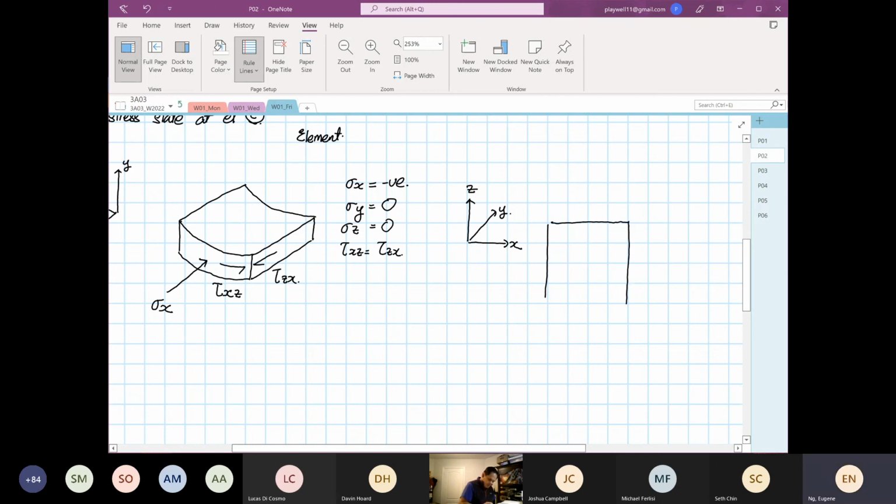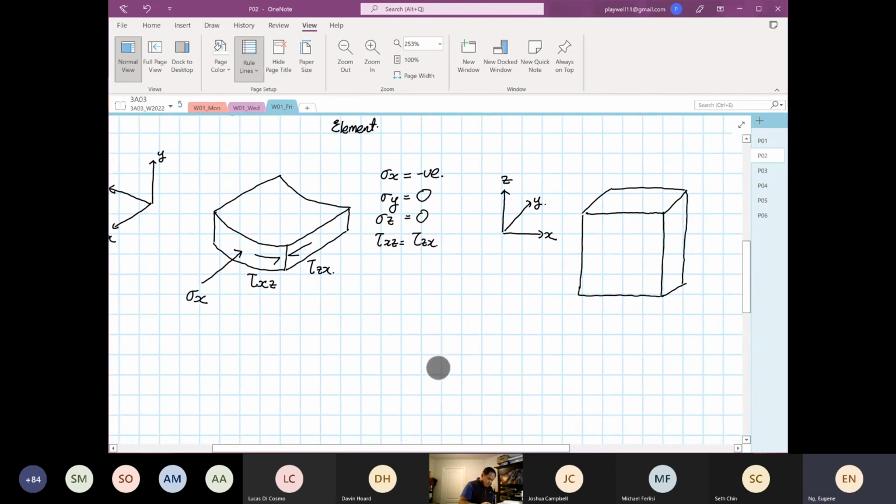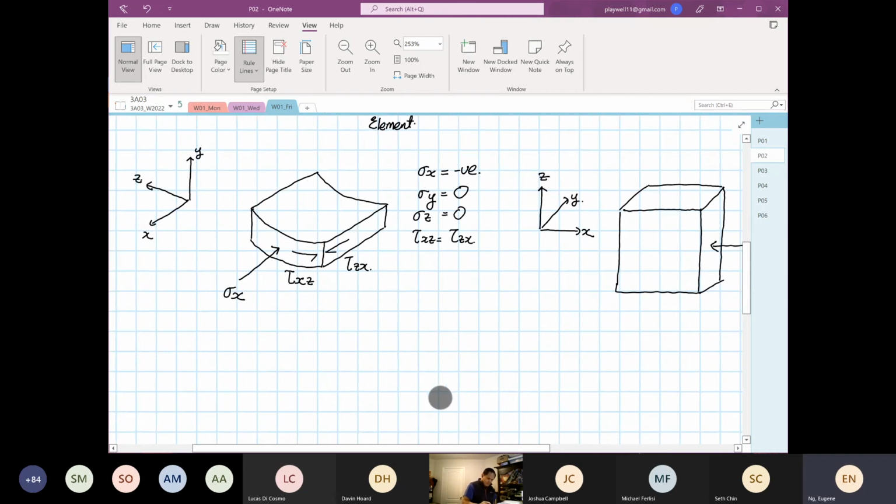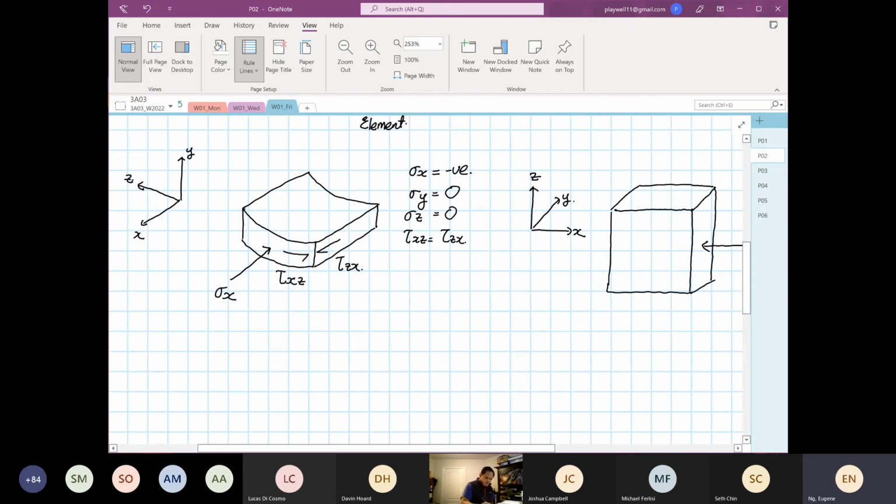Now I'm going to sketch out our element, and I'm going to make it a cube. We know that it's going on compression, and then it's doing this.